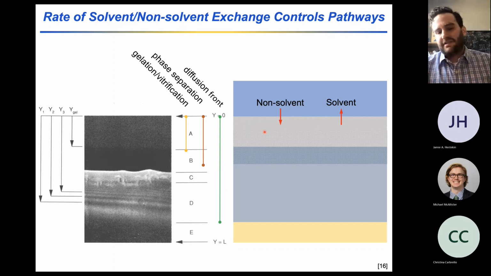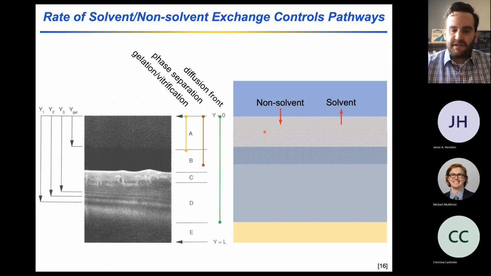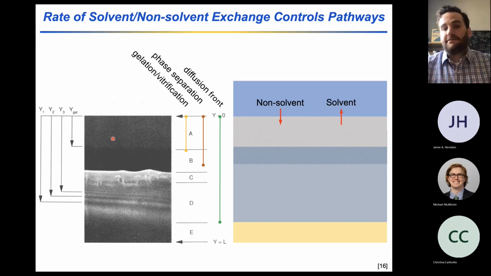And I use this description because Tony McHugh, when he was at the University of Illinois, did some really nice work using microscopy in order to isolate these different regimes. And so on the left-hand side, you see a cross-sectional micrograph where this sort of fuzzy region of speckled gray is the vitrification front that's moving through the cast polymer solution.